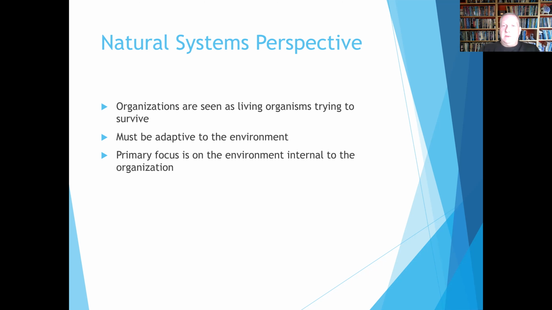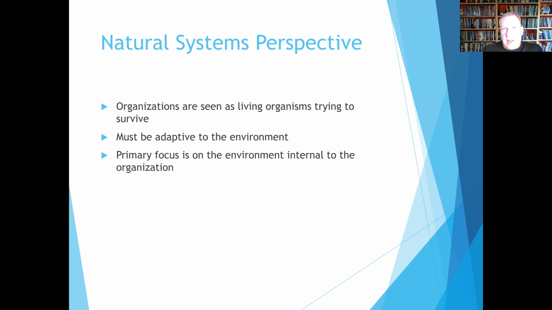In natural systems theory, natural systems theorists will look at organizations as being very similar to living organisms. And just like any other living organism, organizations will attempt to survive. Their ultimate goal will be organizational survival. So just like an animal or a human being, the ultimate goal is to survive into the future.